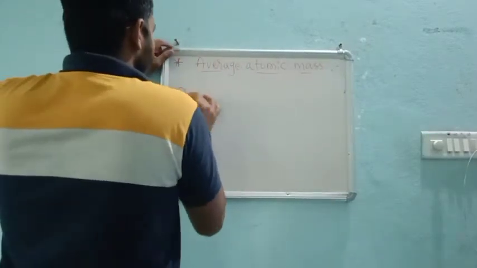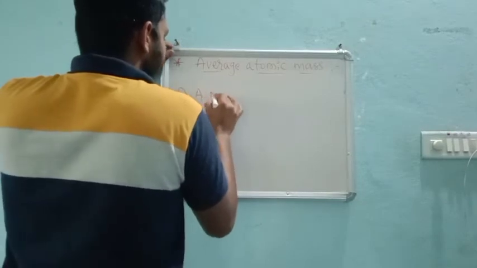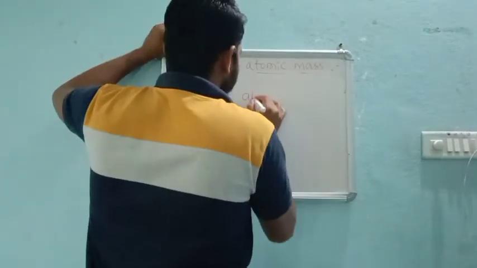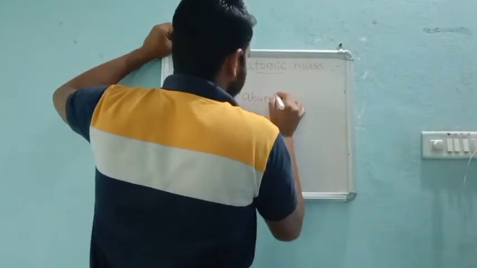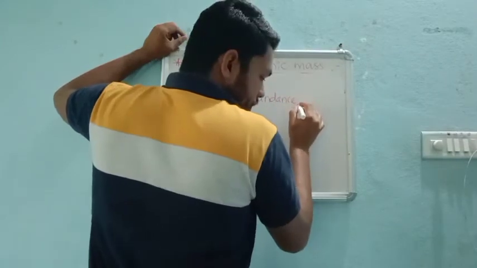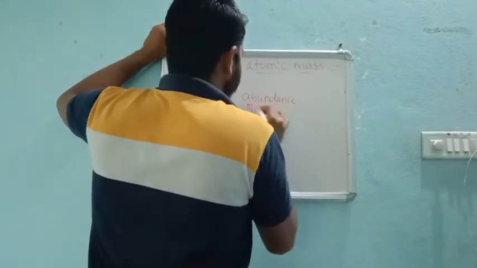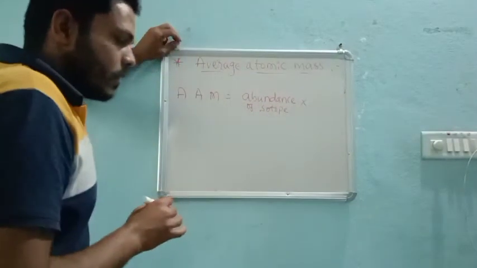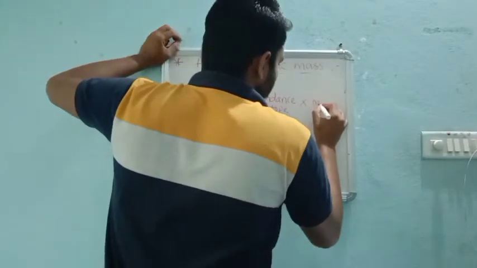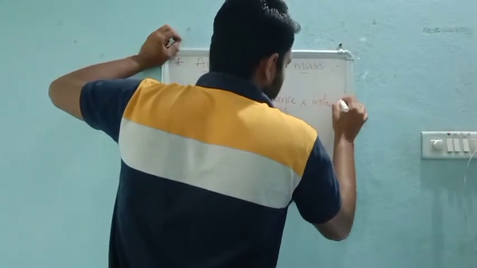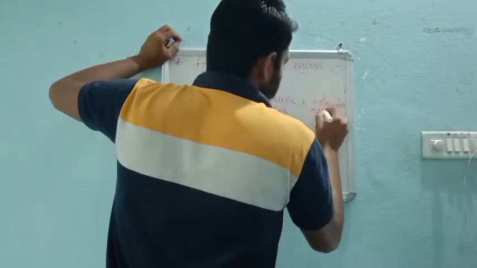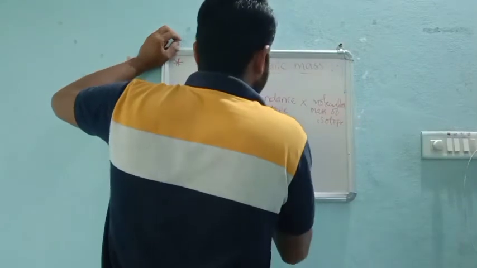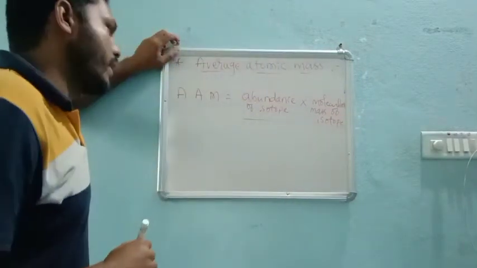Average atomic mass is equal to the abundance of isotope into the molecular mass of isotope, whole divided by 100.